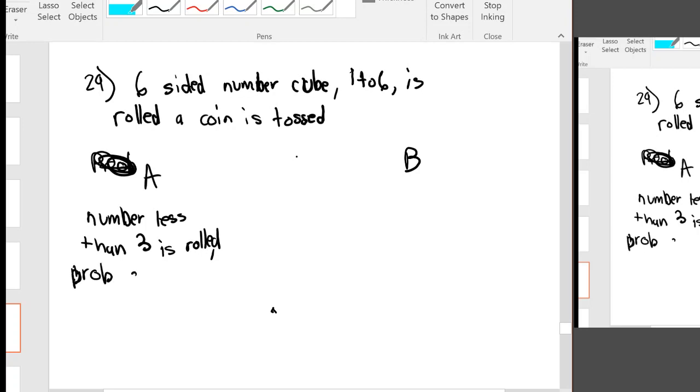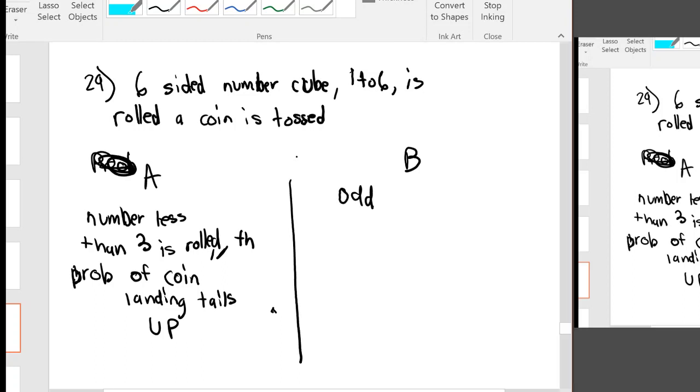Probability of coin landing tails. I'm going to make sure I write this exactly. It's the probability of landing tails up.